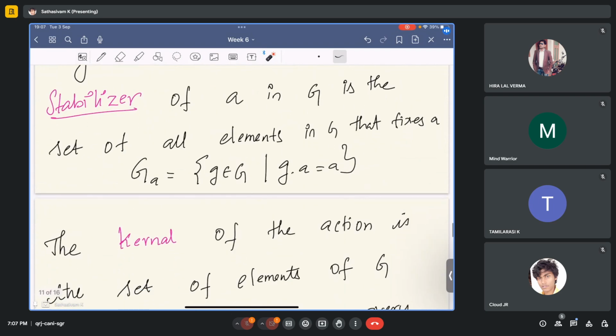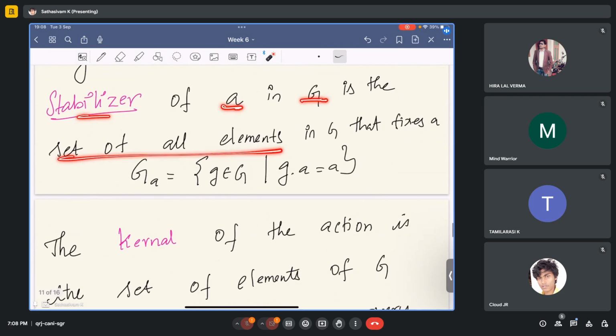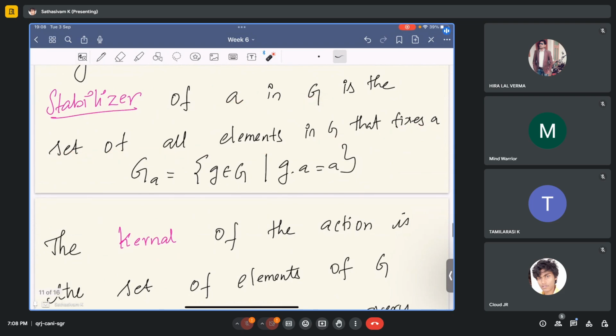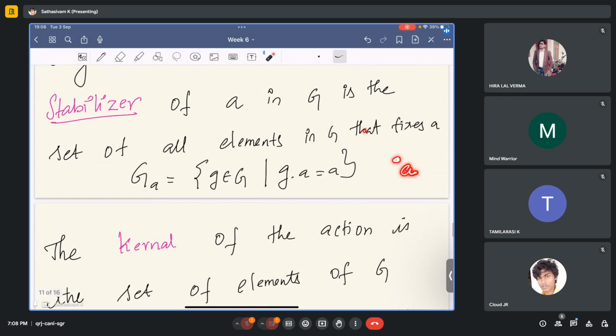So let's do what a stabilizer is. If you take an element A here, the stabilizer of A in G is basically the set of all elements in G that fix A. So you have some element A, and you hit this A with G, right?